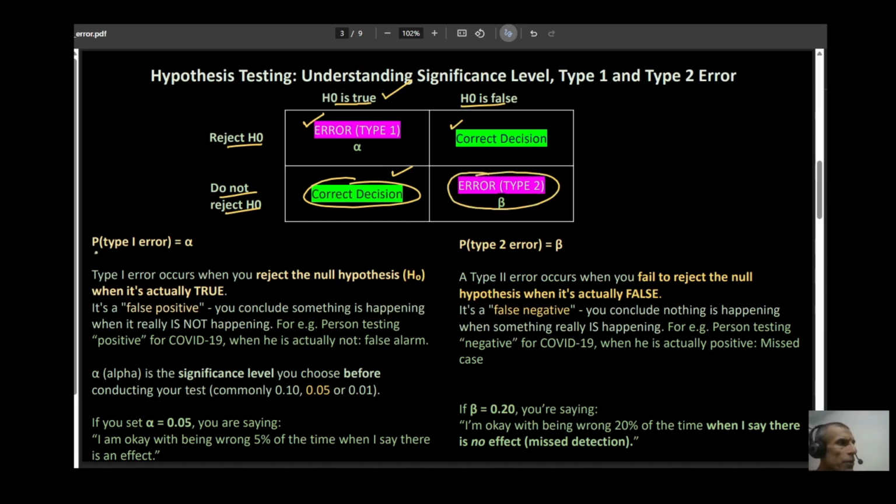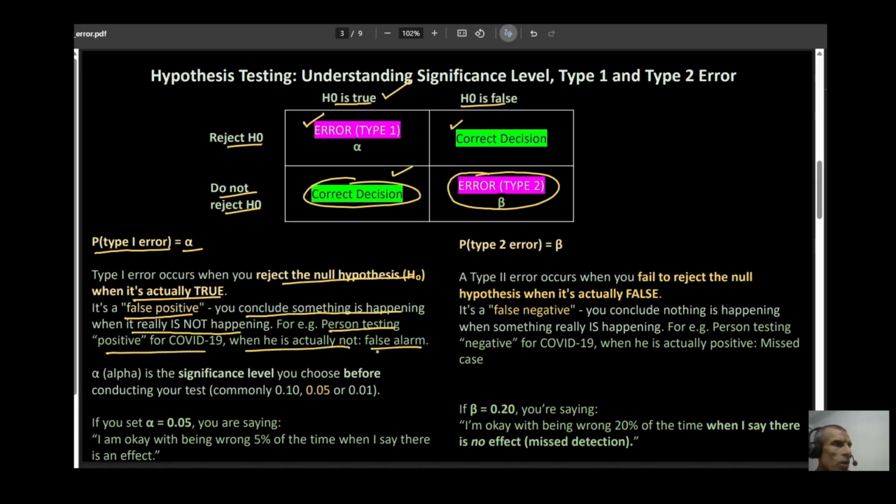Now, the probability of your type 1 error is denoted by alpha. Type 1 error occurs when you reject the null hypothesis when it is actually true. Another name for that is false positive. You conclude that something is happening when it really is not happening. For example, a person testing positive for COVID-19 when he is actually not.